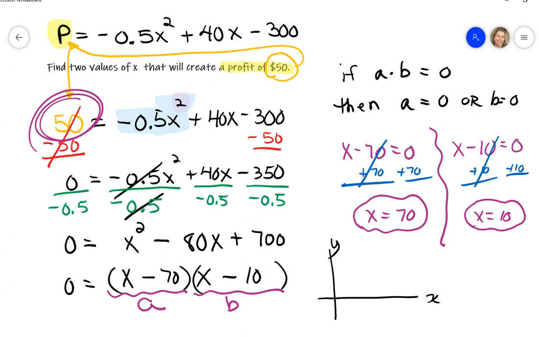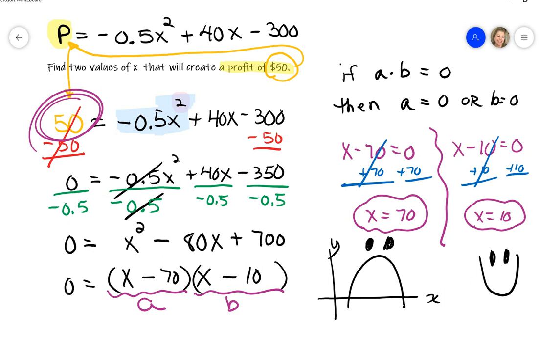When you have a negative x squared, the parabola is going to be upside down. Quadratic equation graphs look like this. They're called parabolas. If it's negative, it's upside down. If it's positive, it looks like this. If it's positive, it looks like a smiley face. If it's negative, it looks like a frowny face. Get it? Positive x squared, negative x squared.